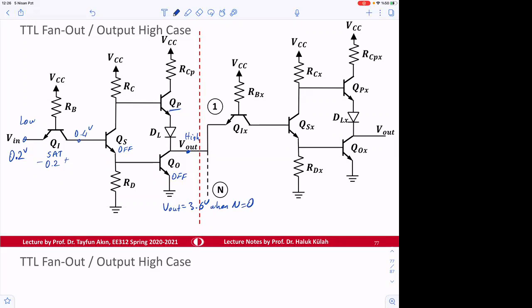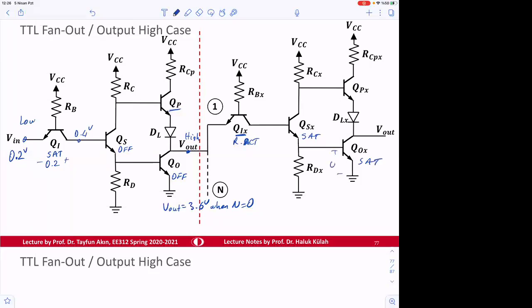But if that n is not 0, then that voltage is going to be high enough to put this transistor into reverse active. When this is reverse active, this will be in SAT, this will be in SAT.